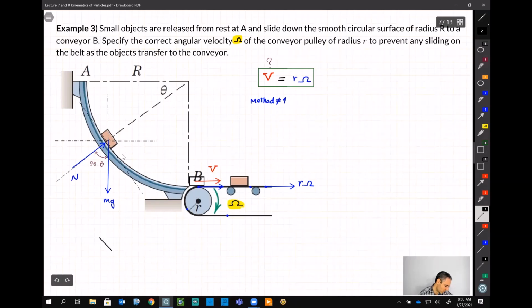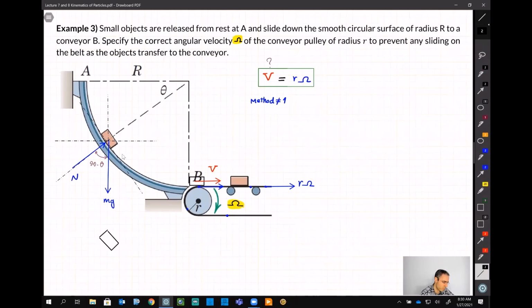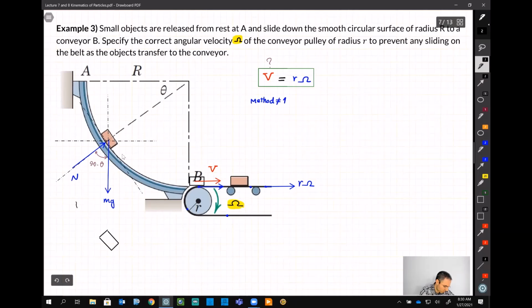So the same box again. And the box is moving on like an arc, like that. So it's moving in a circular motion.